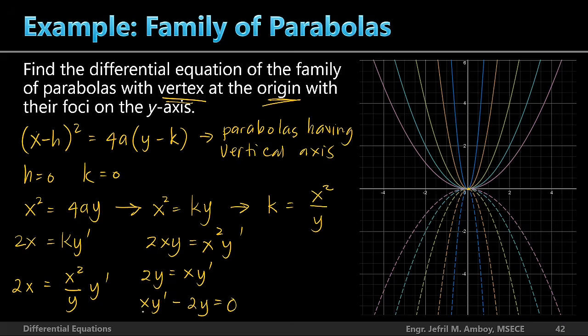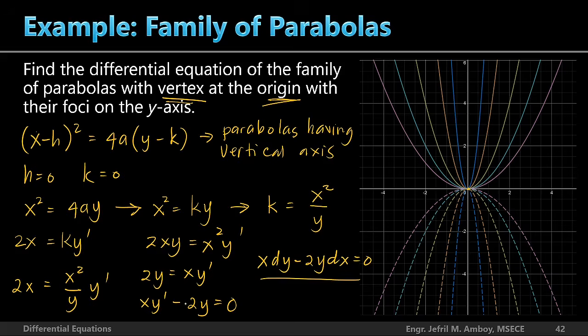So this could be your final answer, again in derivative form, because we have the derivative explicitly written as y prime. But if you want, you can also express your answer in the differential form by multiplying both sides of the equation by dx. So in its differential form, the differential equation would be x dy minus 2y dx equals 0.